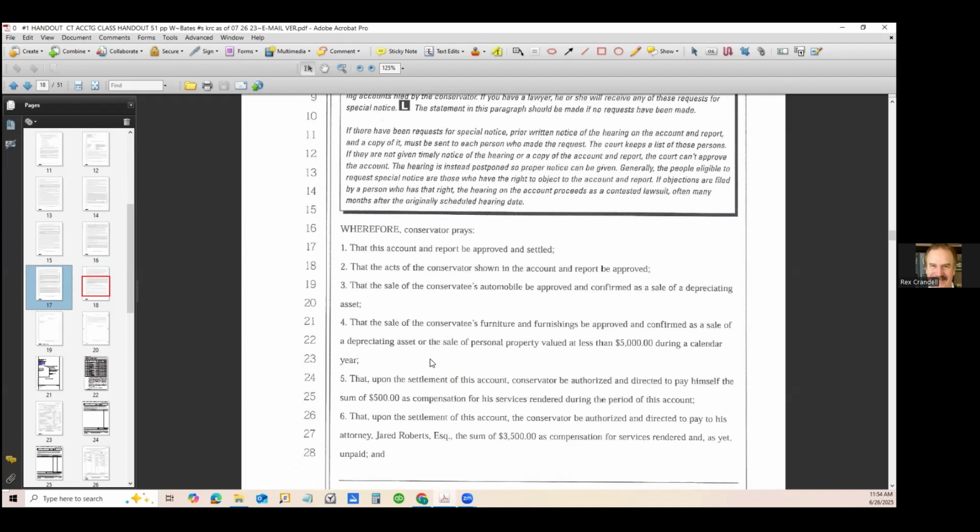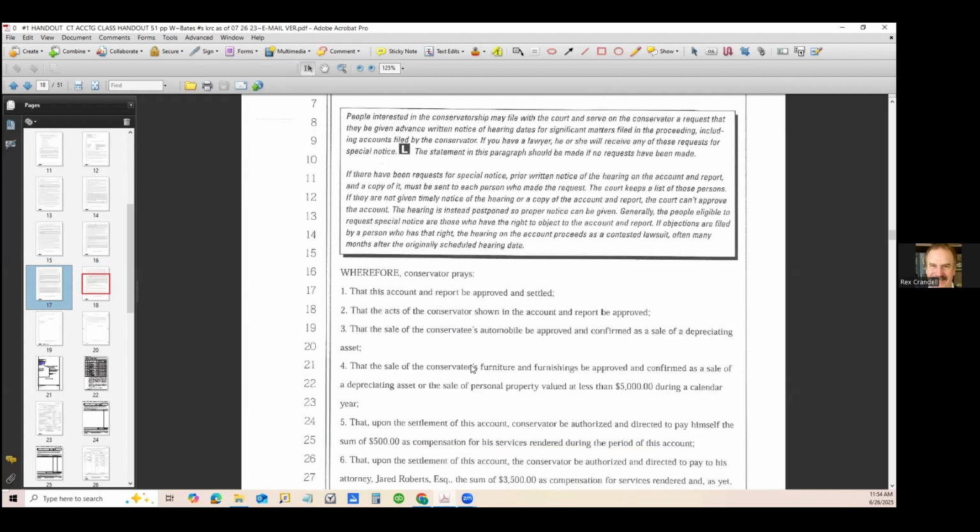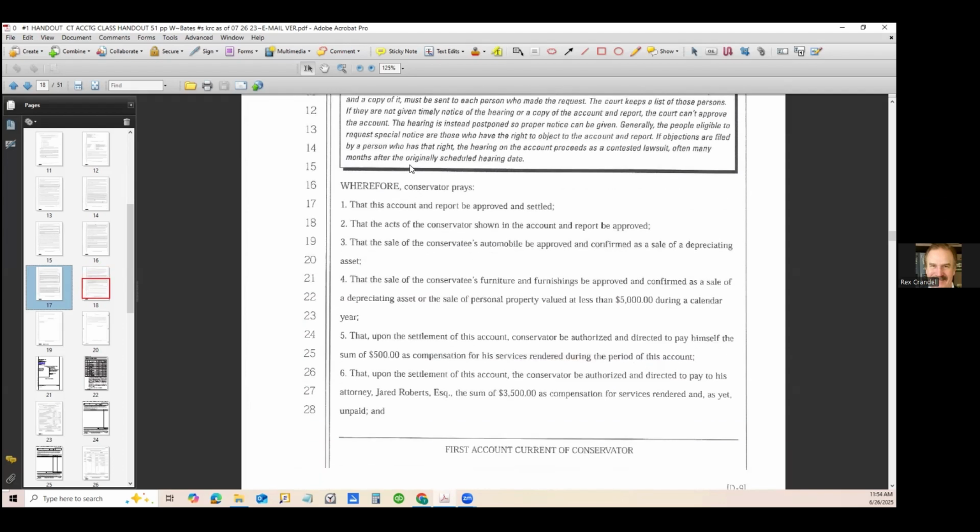Now we're getting down to the prayer. So basically you told the court everything that's in your accounting. Now what are you asking for? So here is what the conservator is praying for. Again, this has to be a little bit different between Northern California and Southern California. And it's line 2.